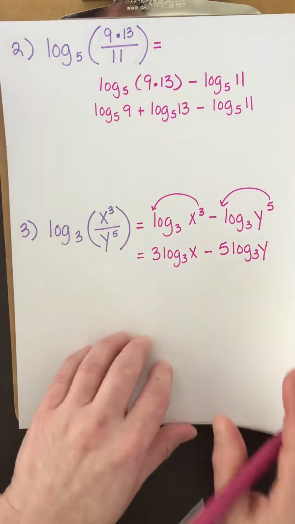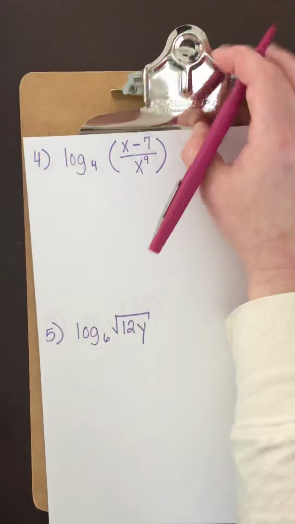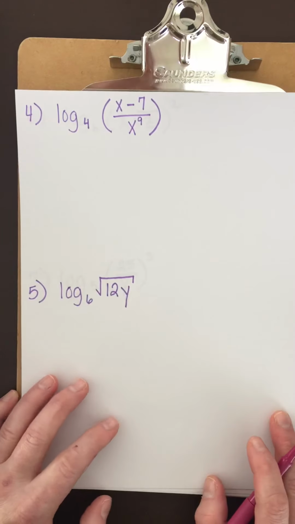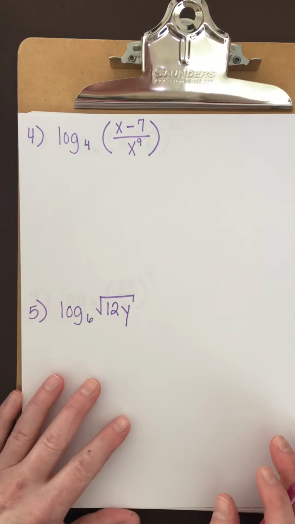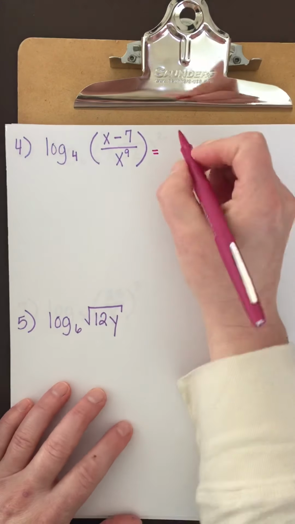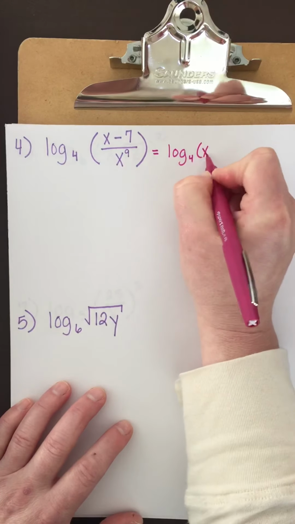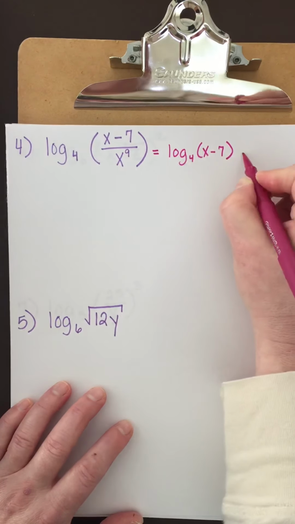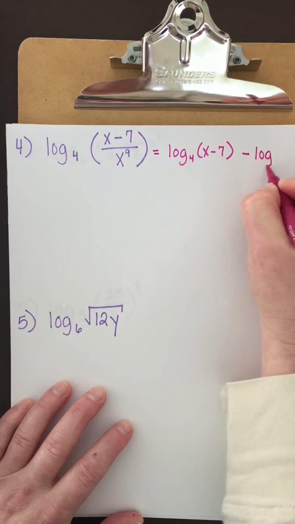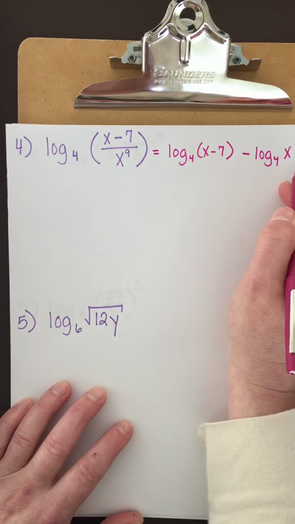Let's do another one. All right, we have the log base 4 of x minus 7 divided by x to the 9th. So first I'm going to use the quotient rule, and this would be the log base 4 of x minus 7 minus the log base 4 of x to the 9th, so the numerator and the denominator.